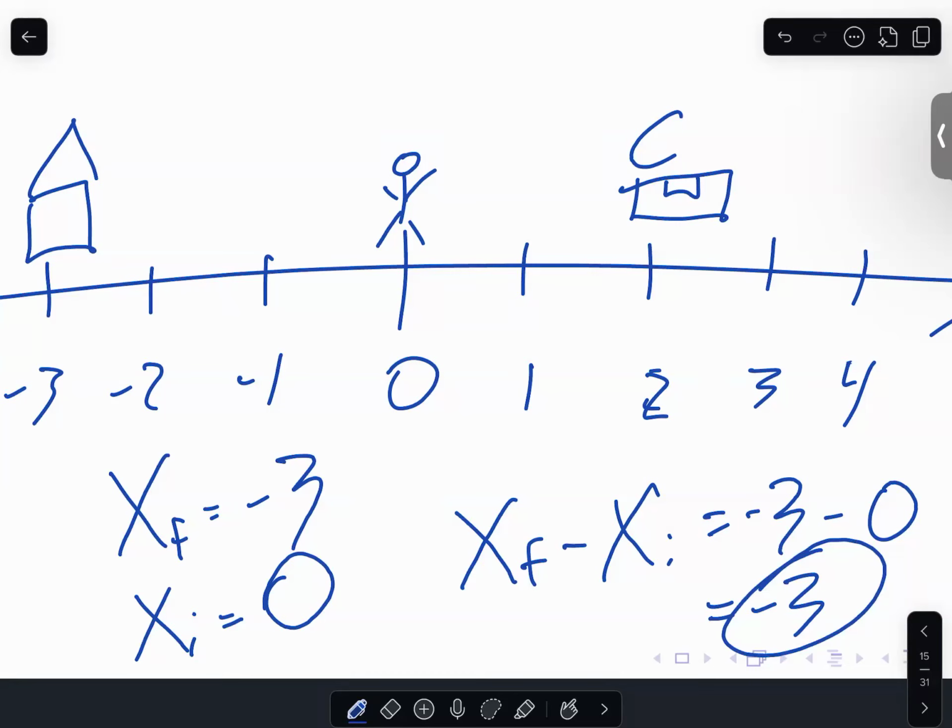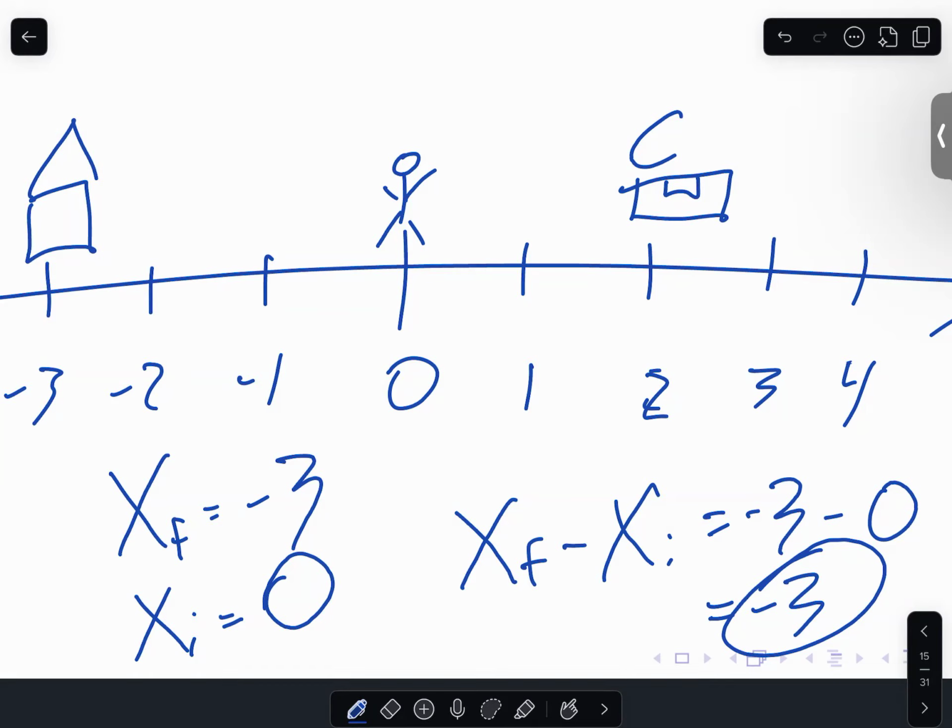You spend 5 minutes doing a physics problem, take 2 seconds to think about what it means. What did I say displacement is? It's not just the difference, final minus initial position. It's also how far and which way you go. She goes 3 units in the negative direction. This is the correct answer.